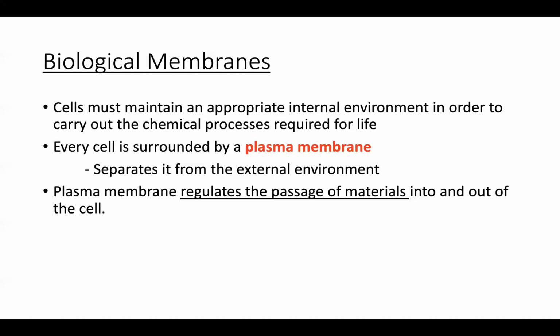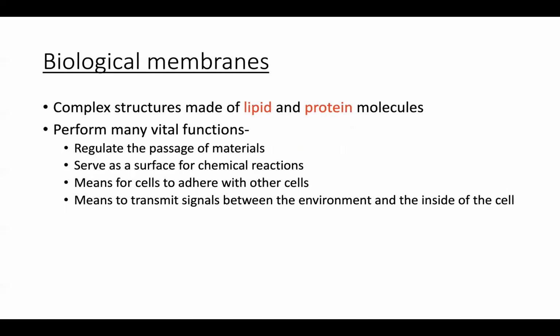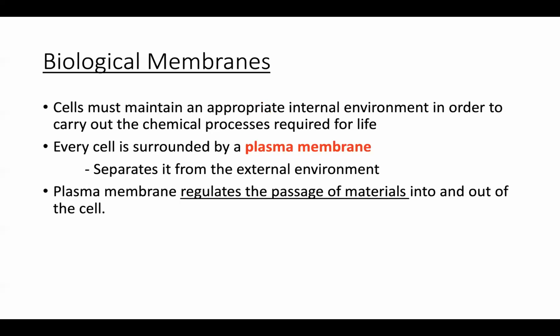And so we're understanding that the plasma membrane is going to be one major point of regulation for that to happen, regulating the passage of materials into and out of the cell. Okay. So function, we're clear on the function of the plasma membrane. At its most basic level, the plasma membrane has two jobs: separate the cell from the external environment, and regulate what's coming into and going out of the cell.